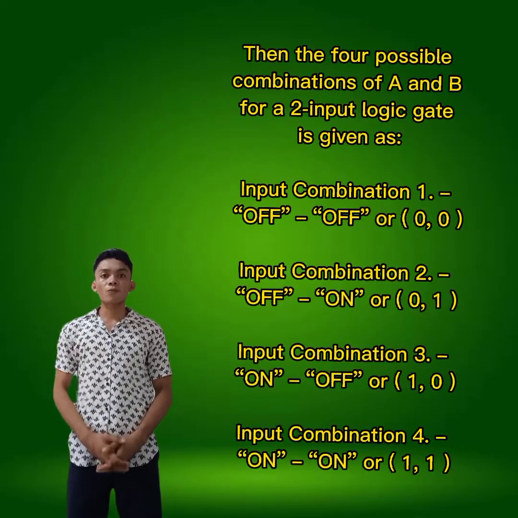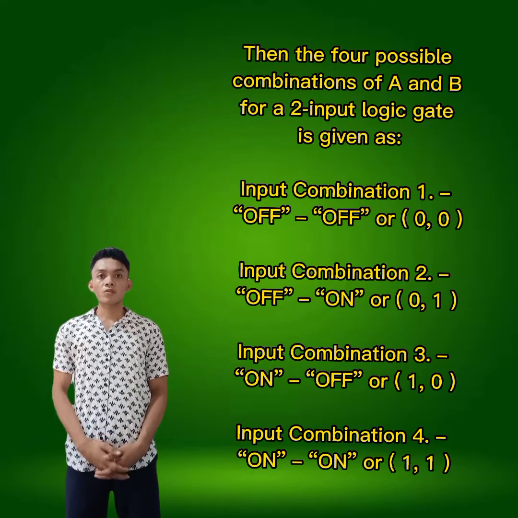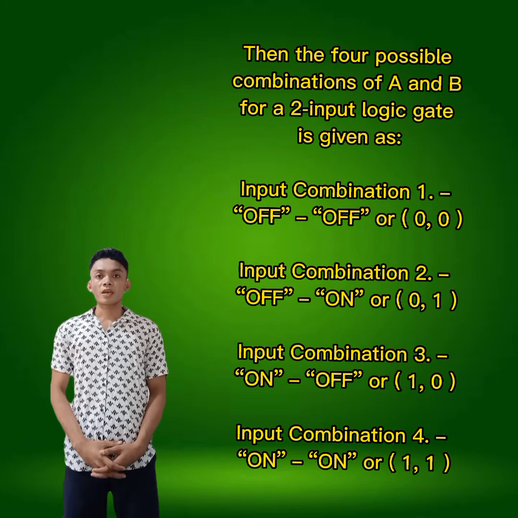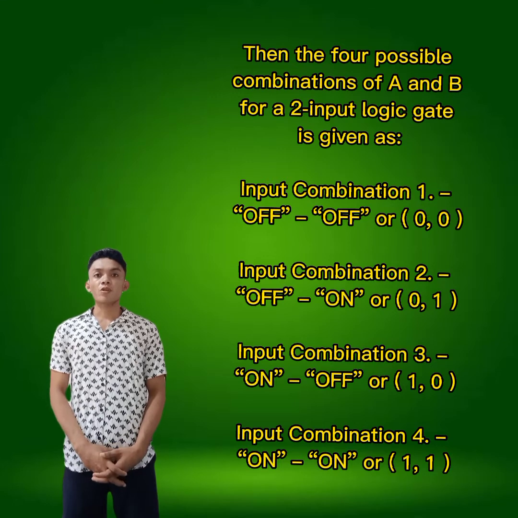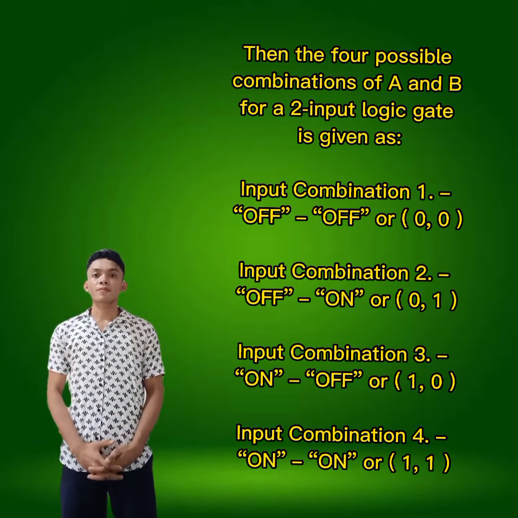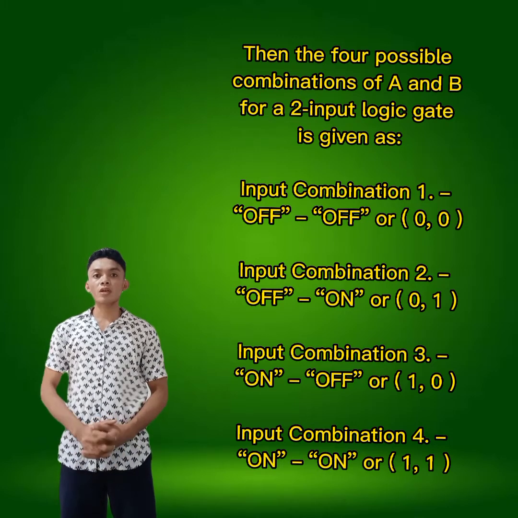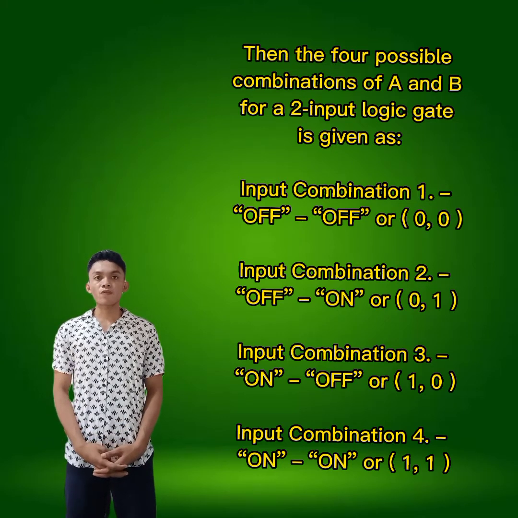Then the 4 possible combinations of A and B for a 2-input logic gate are: input combination 1, off off, or 0, 0. Input combination 2, off on, or 0, 1. Input combination 3, on off, or 1, 0. Input combination 4, on on, or 1, 1.